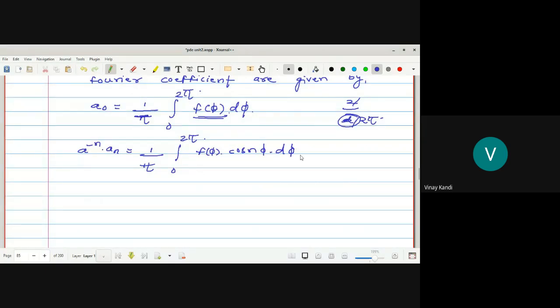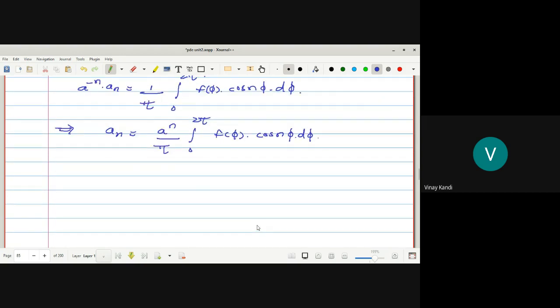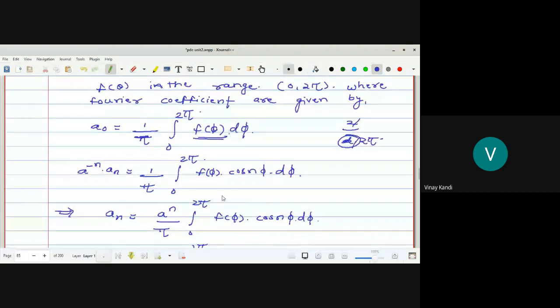So this implies an is equal to a raised to n divided by pi, integration 0 to 2 pi of f of phi into cos n phi d phi. Similarly, bn is given by a raised to n divided by pi, integration from 0 to 2 pi of f of phi into sin n phi d phi. Give this as equation number 6.